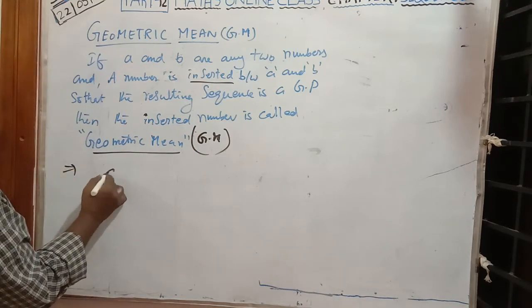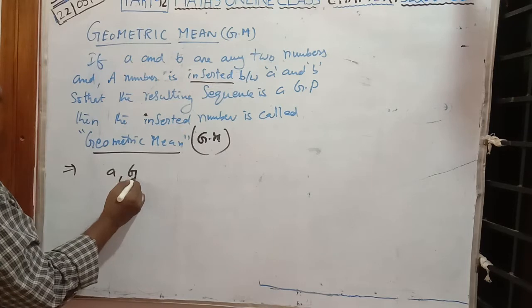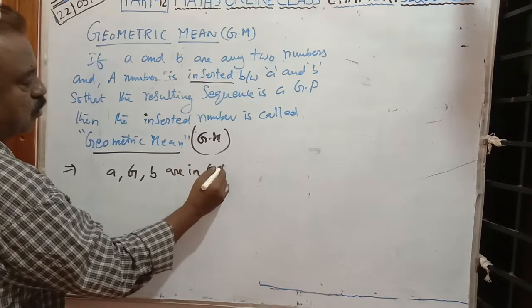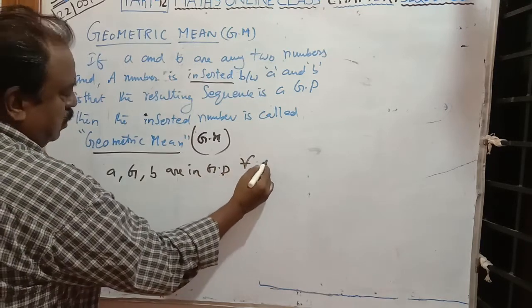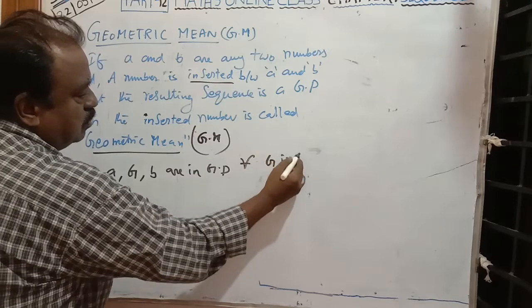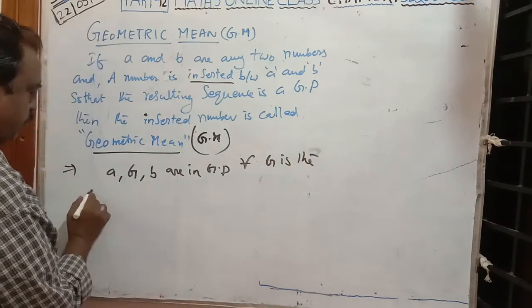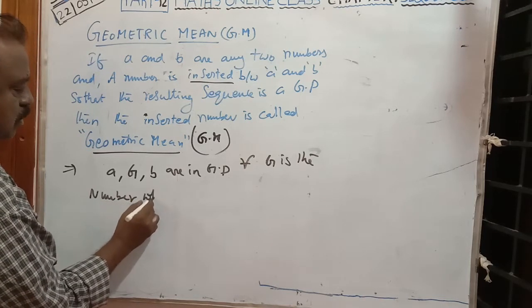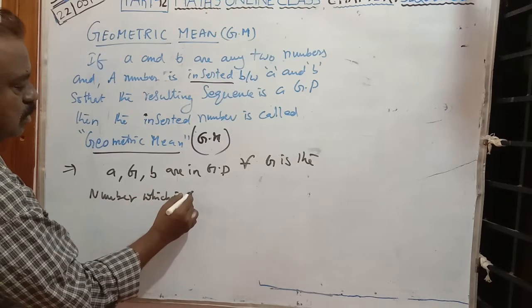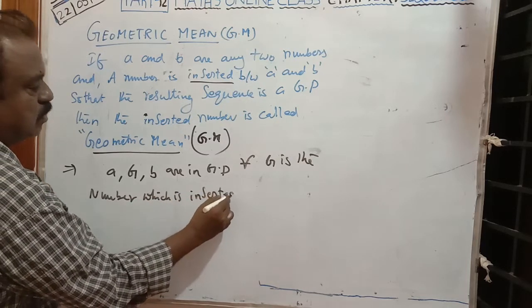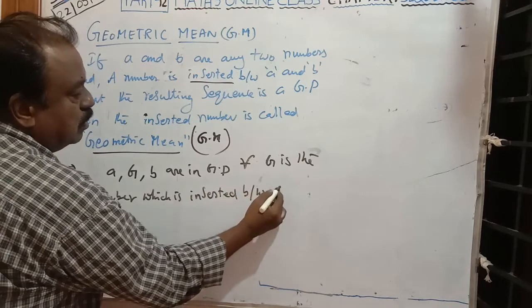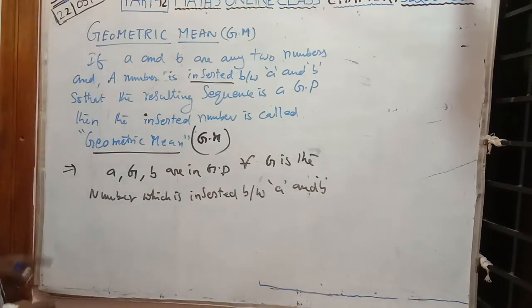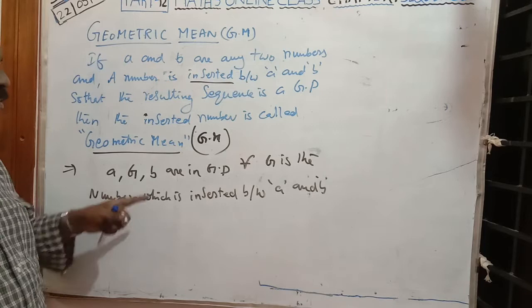That implies A, G, B are in a GP, where capital G is the number which is inserted between A and B. So A, G, B, by the definition, are in a GP.